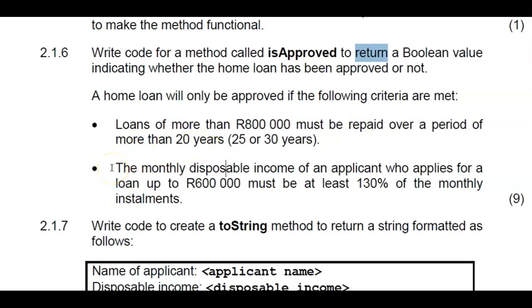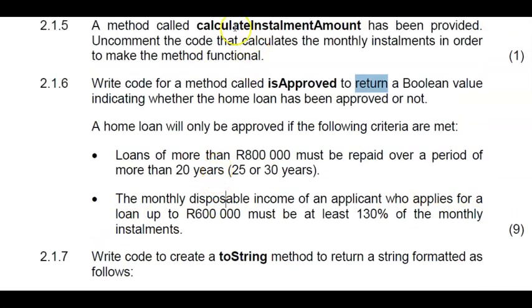Then it will be approved. Then also, the monthly disposable income of the applicant for a loan up to 600,000. Now, up to means including, so less or equal to 600,000, must be at least 130% of the monthly installments.